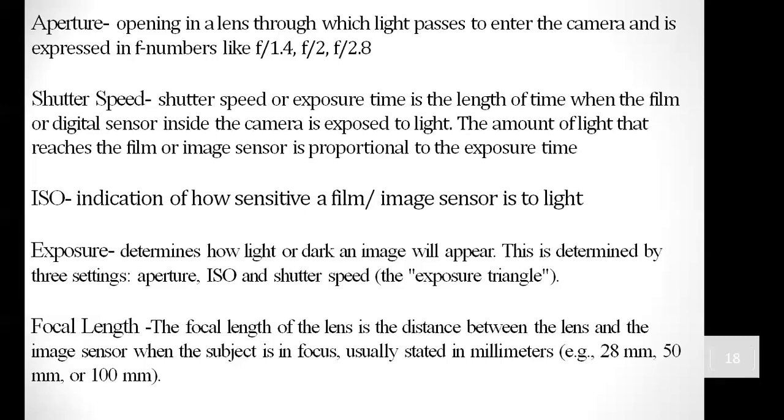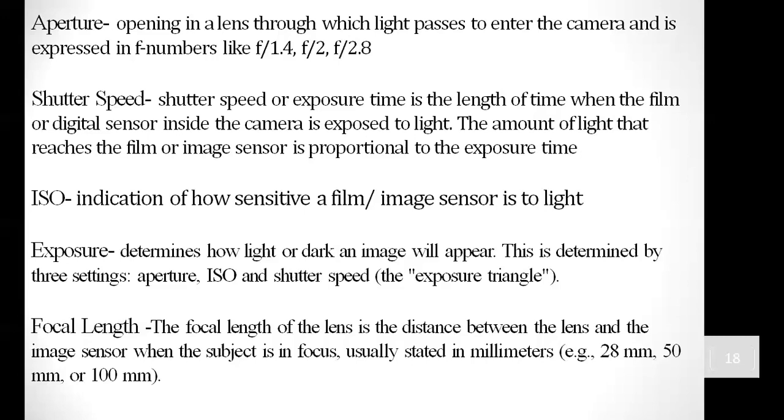That amount of light falling onto the sensor or the film is being regulated by the shutter speed. So if the shutter speed is less or more, the amount of light falling onto the sensor will change in that manner only.